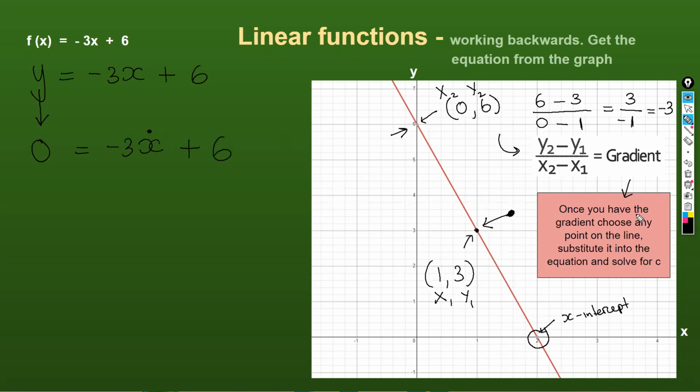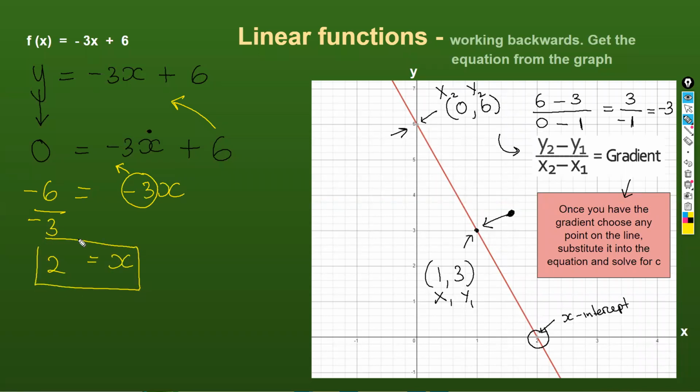And let's solve for x. Throw across positive 6, we get minus 6. The minus 3 is a multiply. When you throw across a multiply, you get a divide. Look, we're getting positive 2. So if you get a negative 2, just check back your signs, all right?